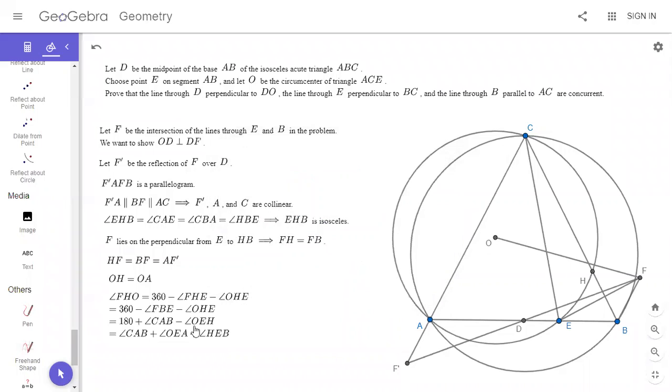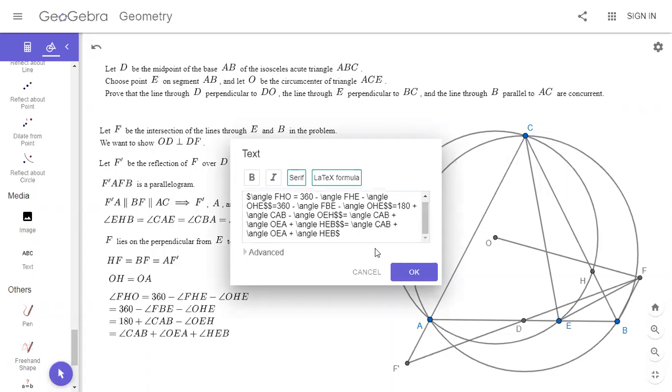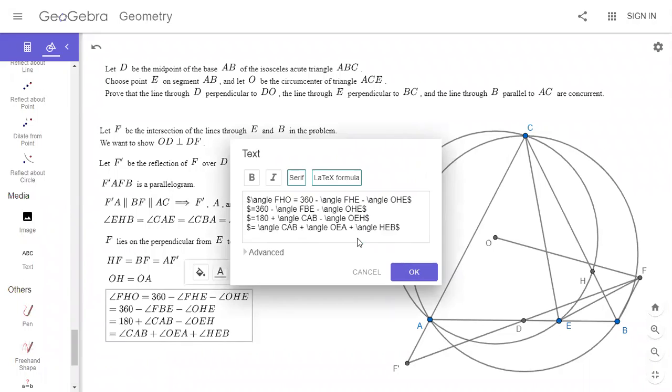Let me write that out again. Angle OEA plus HEB is the same as ACB.